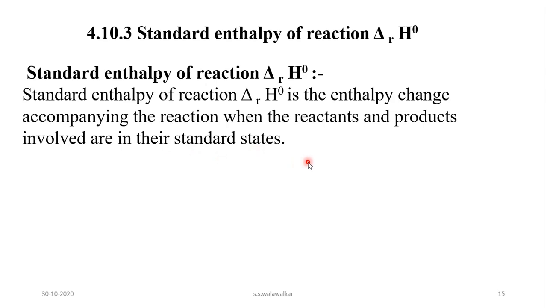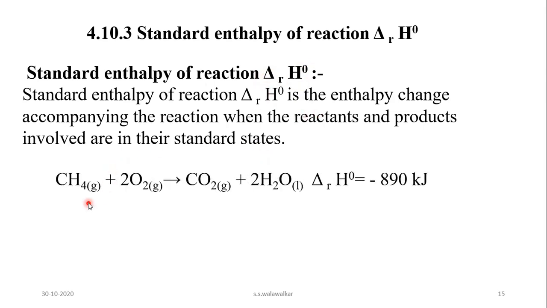Temperature 298 Kelvin, pressure 1 bar, concentration 1 molar, and the standard form, the most stable form, of that particular reactant and product. Under these conditions, if the enthalpy change is measured, then it is called the standard enthalpy of reaction, and it is represented like this: delta H0R.